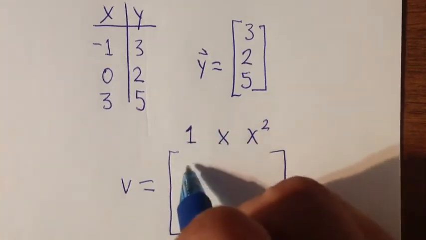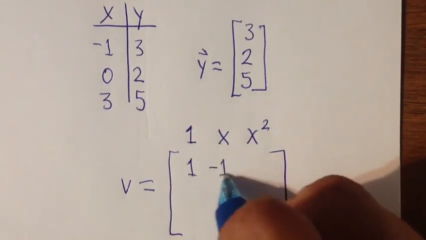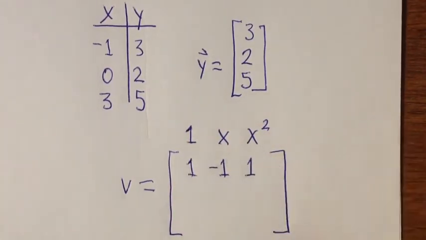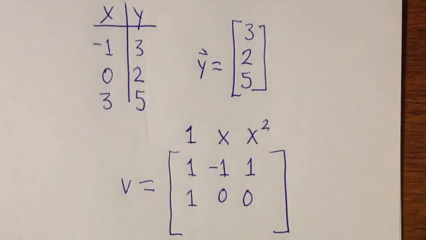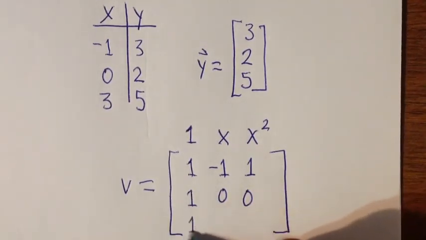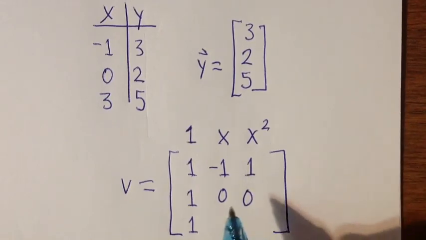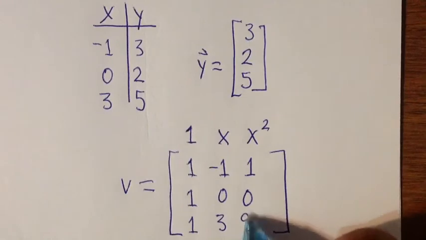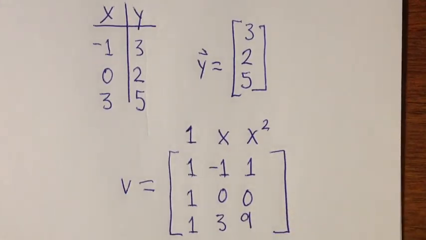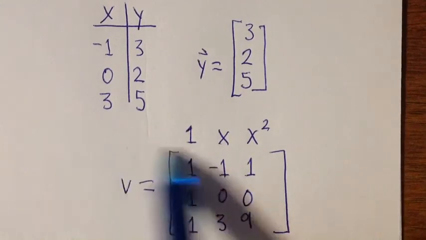So the first row is going to be 1, -1, -1 squared, which turns out to be +1. Then 1, 0, 0 squared, this is still 0. And finally 1 for the third row, and then x is 3 at this point, and then 3 squared is equal to 9. This is going to be my Vandermonde matrix right here.